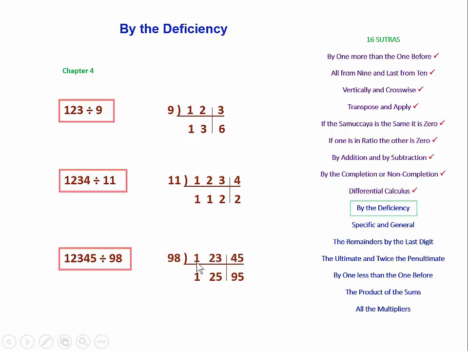So the dividend can be written as 1, 2, 3, 4, 5, and we bring down the initial 1, and we add it to the 23, but we double it first because our deficiency is 2. So 2 and 23 is 25. We double that, 25, and add it to the 45. 50 and 45 is 95. We get 125, remainder 95.